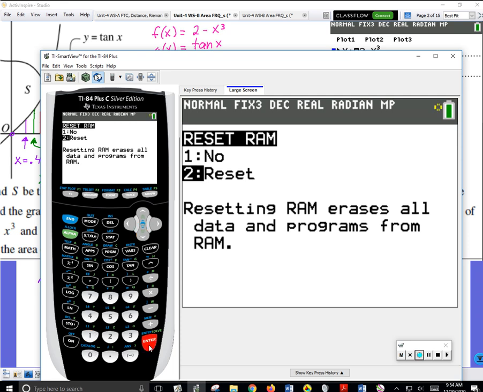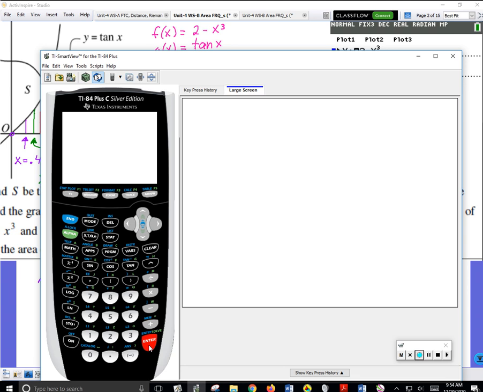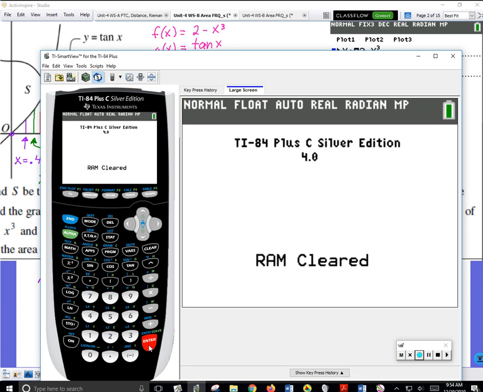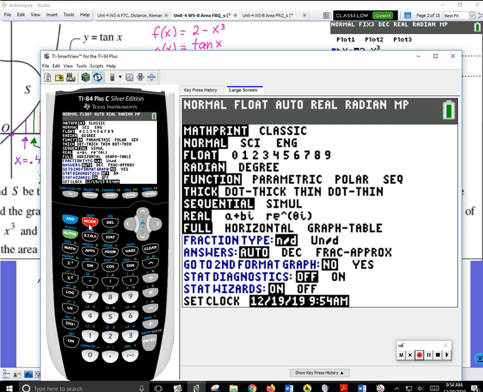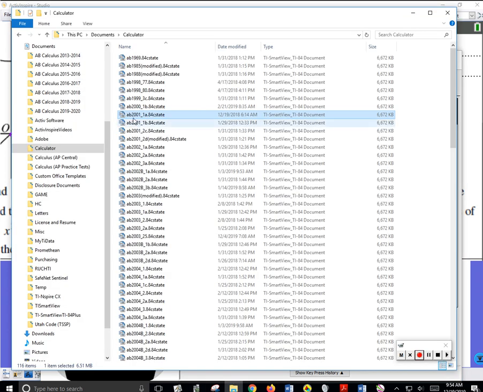So I go enter. And now it starts fresh. My mode will be radian, which is what I want. My decimals have changed, so I'm going to change those back to 3. Everything else is fine. So I can reload the file here.